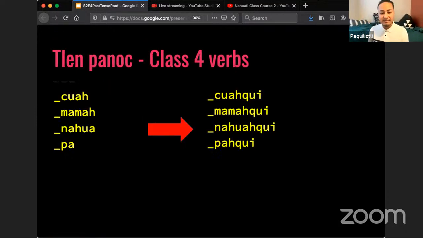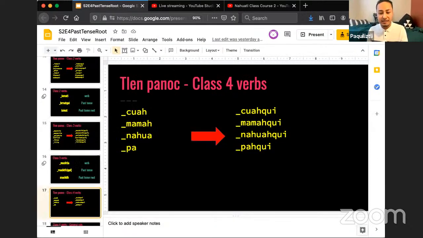Okay, and then lastly, for class 4 verbs, if you remember, there's only about 4 verbs that are class 4 verbs. Oops, I added an H there. That should not have had the H there. So qua, without the H, I need to remove that H. That qua becomes quahki, so we add the H. Mama becomes mamahki, we add the H. Nawa becomes nawahki, and pa becomes pahki. Let me remove these H's now, it's gonna bother me.